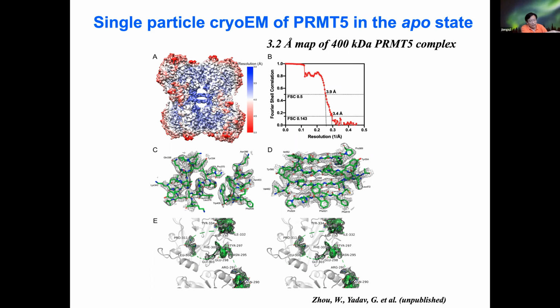Each enzyme, each molecule contains 8 subunits, 4 of the PRMT5 and 4 of the MAP50, which is an accessory subunit. So it's a heterooctamer together forming the active complex, which is actually shown here.